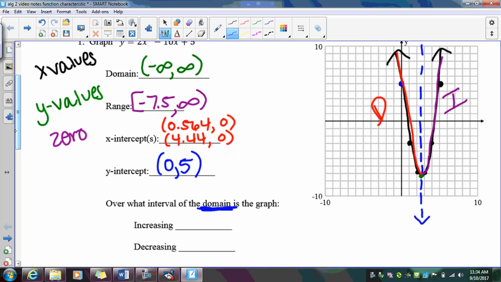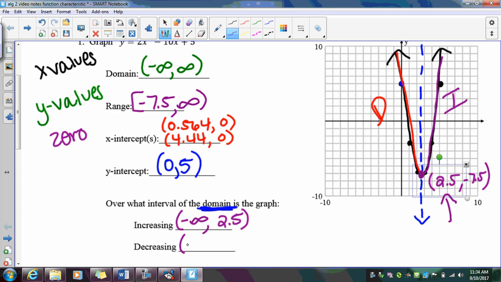Now I just need to know how to write my interval. Well, it's decreasing all the way until it gets to this point. And remember we said interval of the domain. So what's the domain value there? That's the x value that's at that point. That's 2.5. We just got that off our calculator from the minimum. So it's increasing from negative infinity all the way until it gets to that 2.5.